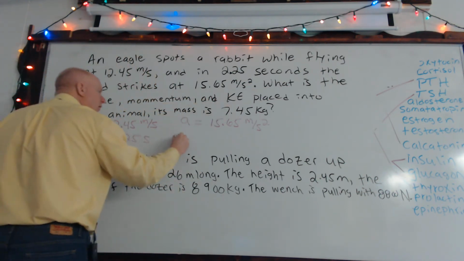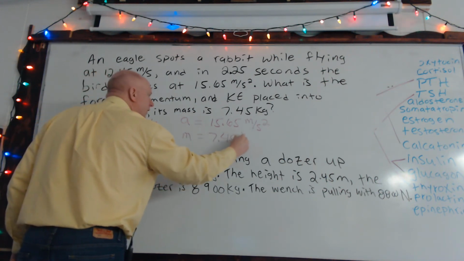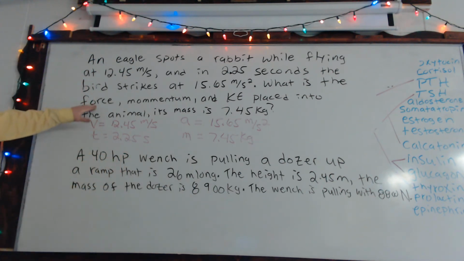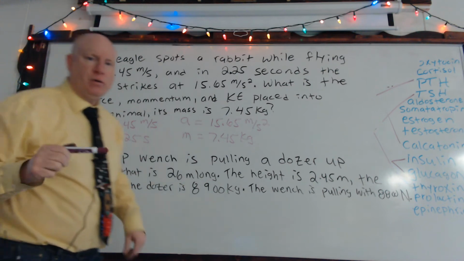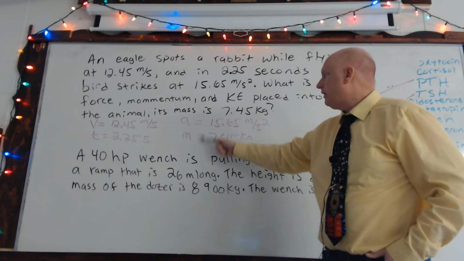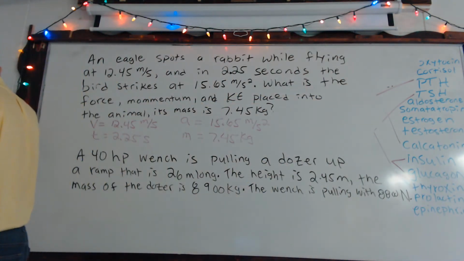Oh, there's one more, the mass, 7.45 kilograms. Now, right off the bat, we can find the force fairly quickly, because that's just, of course, mass times acceleration, and we've got those two variables right here. So finding the force would be fairly simple.